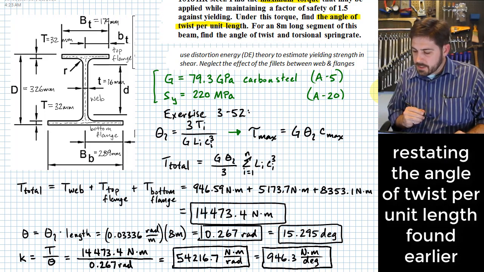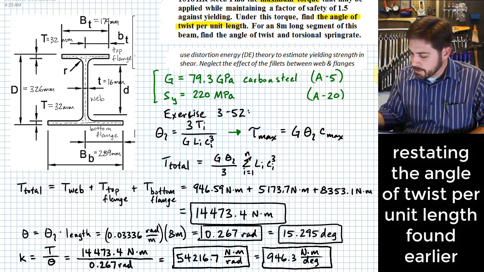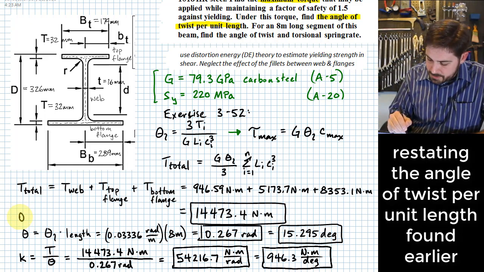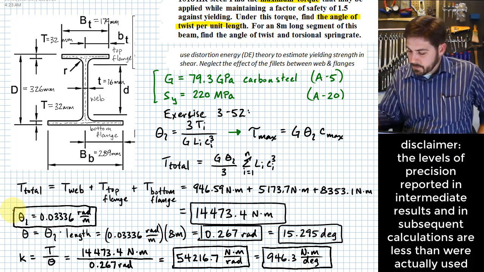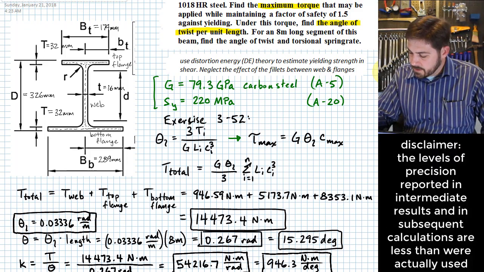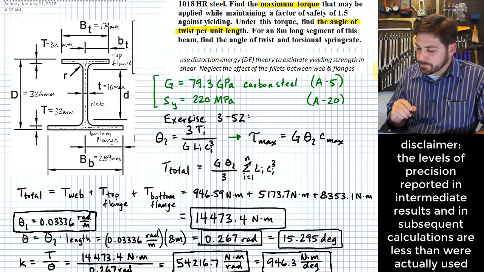Okay. And just as a matter of getting everything on this last screen here, let's remember that our angle of twist per unit length was 0.3336 radians per meter. Okay, and this addresses all of the requested information in this problem.